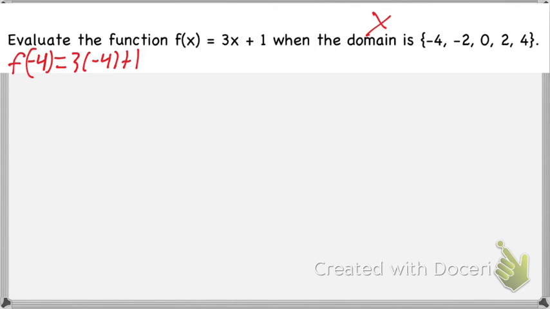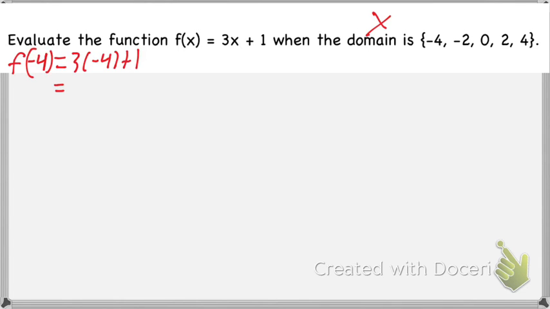And so I replaced the other x with negative 4 as well. Tobin, what would you do first here? Distribute 3. Okay, so 3 times negative 4 is? Negative 12. Yep, good catch.